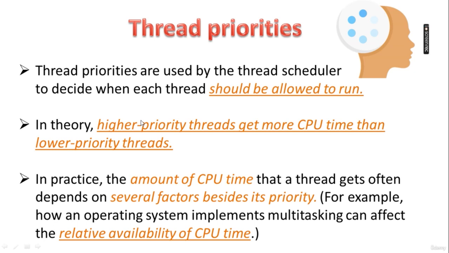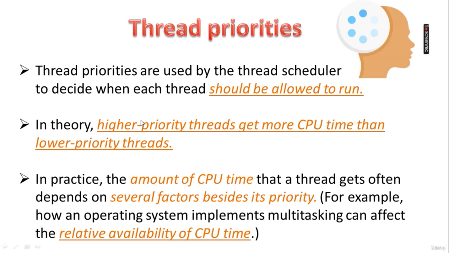And if a lower priority thread has acquired the CPU, and a higher priority thread comes, it must relinquish control of the CPU, no matter whether it has finished its execution or not.